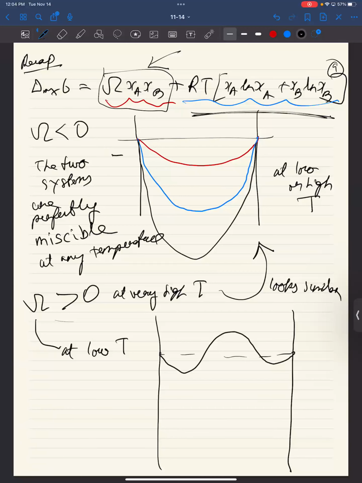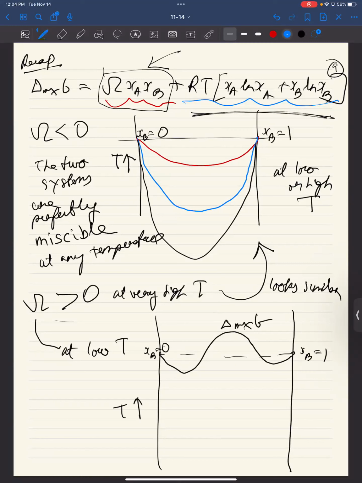And by the way, it's a sin to draw a graph without labeling the axes, so I just committed a sin. This is xB equal to 0. This is xB equal to 1. And this is delta mixing G.